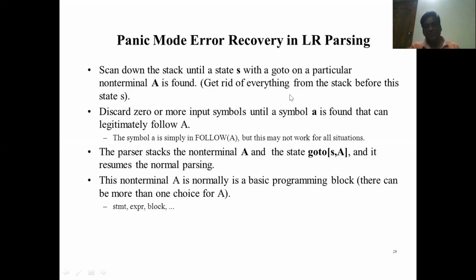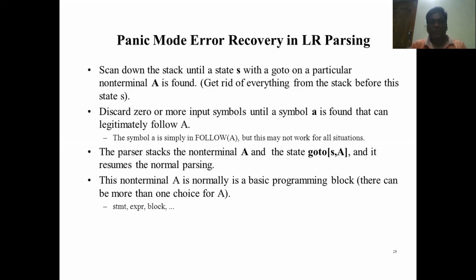So remove some symbols from the stack, remove some symbols from the input buffer, add these new symbols and resume the normal parsing technique. This is what panic mode error recovery does in LR parsing.